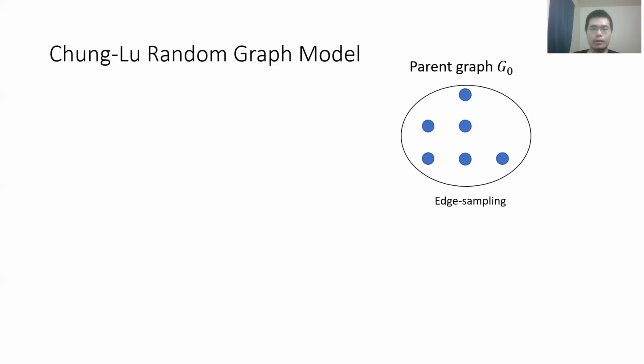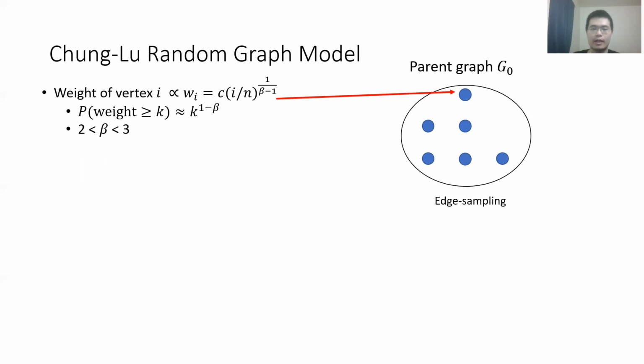In our paper, we use the triangle random graph model to generate the underlying parent graph G0 with a power law degree distribution. We start with an empty graph with n vertices. Each vertex i is associated with a positive weight Wi equal to a constant C times i over n to the power of 1 over beta minus 1.